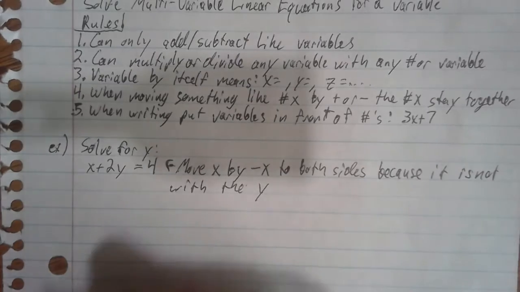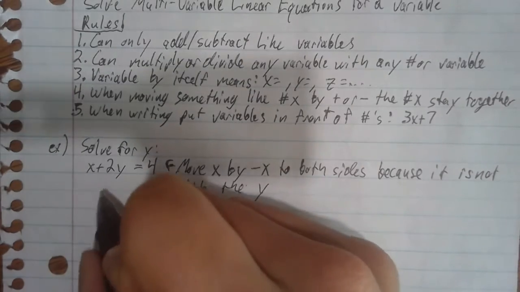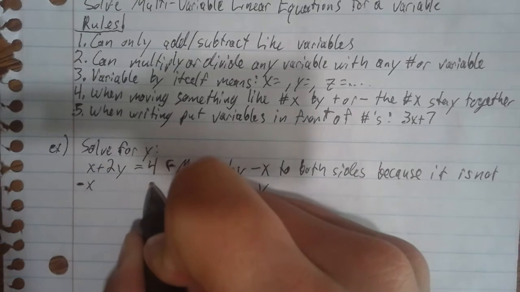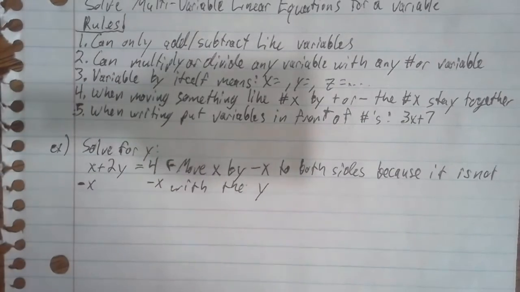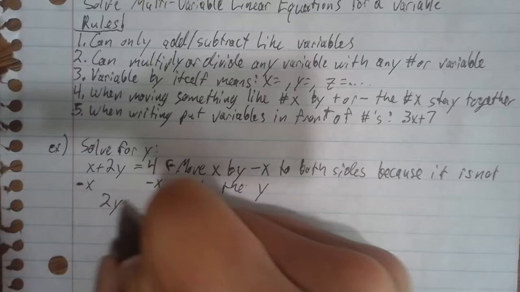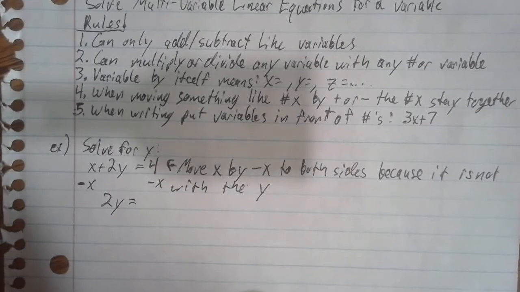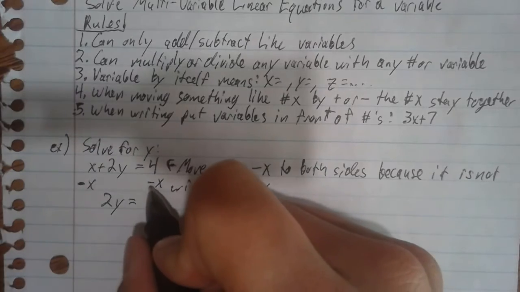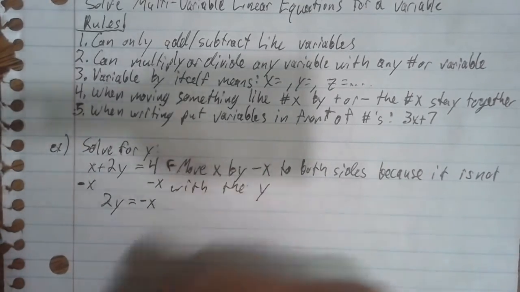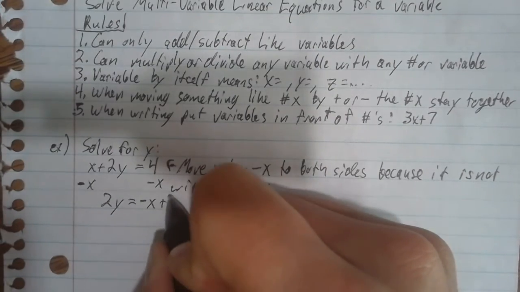Okay. So we subtract x to both sides. So we get 2y equals, and then we want to put x's in front because of rule 5, so we get minus x, and then that's a positive 4.